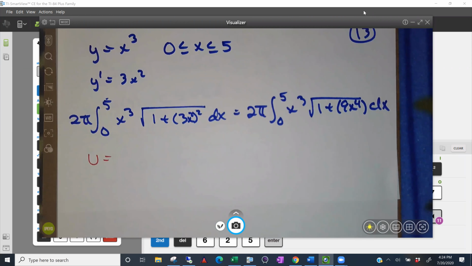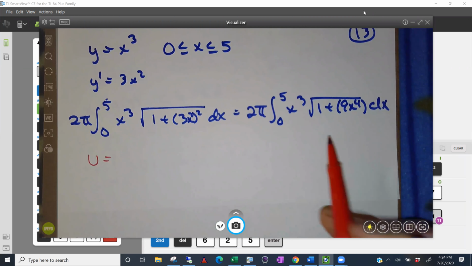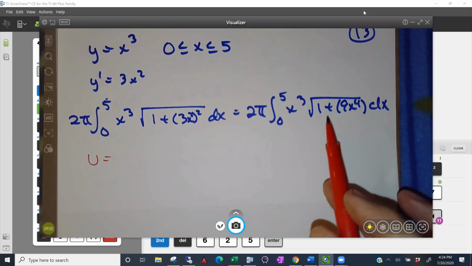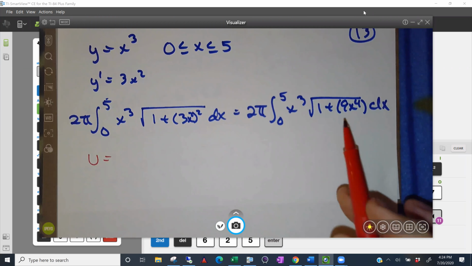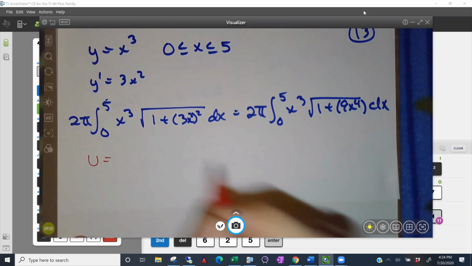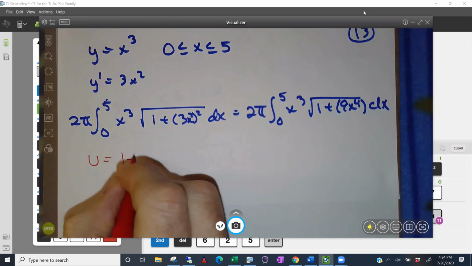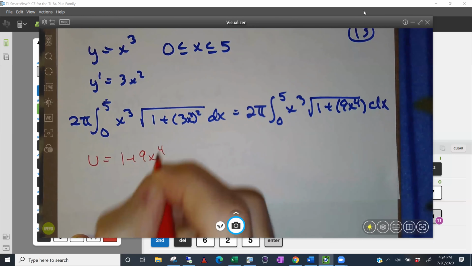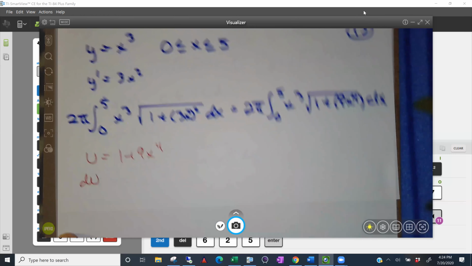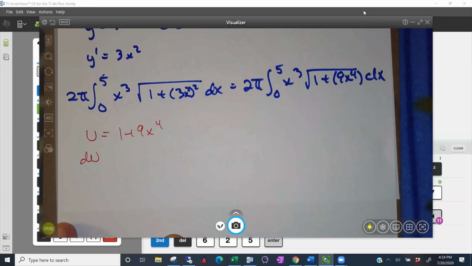Now we've learned a lot of cool techniques, but you don't get bonus points for solving this in a way that's harder than you need to. You just get full credit, which is fine, but if we let U equal 1 plus 9x to the 4th, and I did this in one of my other videos, I'll do it again here.